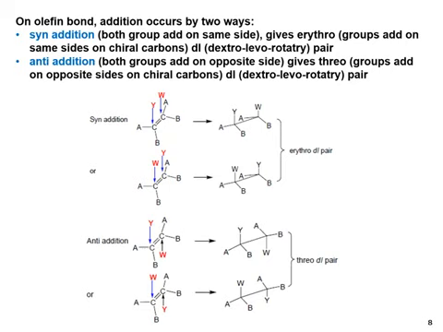In the first way, it gives one enantiomer, and in the cross way, it gives the second enantiomer. Overall, it gives a threo DL pair. Erythro means both groups are attached on the same side, and threo means the groups are present in opposite directions.